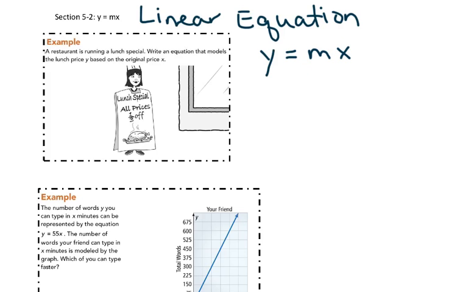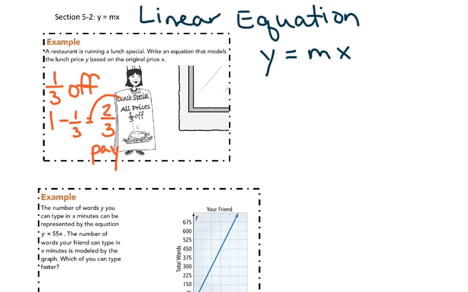So if we look at the sign, it says the lunch special is that all prices are 1/3 off. So if we get 1/3 off of the price, that means the whole price is 1 and we take off 1/3, which means we have to pay 2/3.